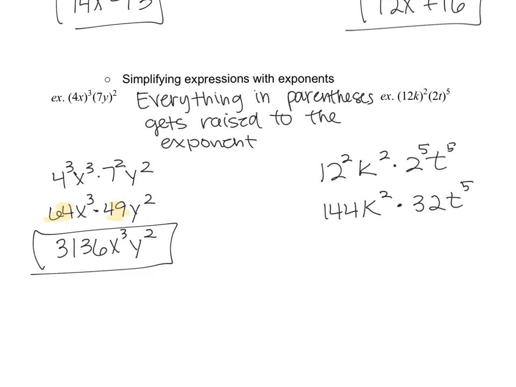Then again, we can multiply any numbers together. So we do 144 times 32, and we're going to get 4,608 k squared t to the 5th.